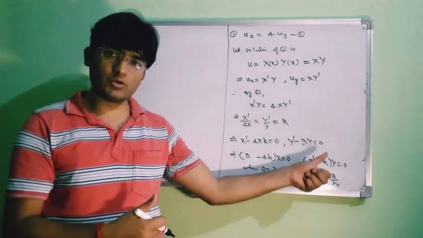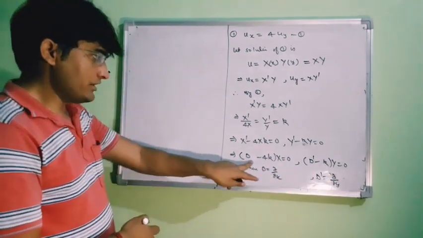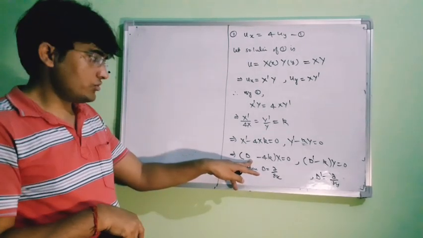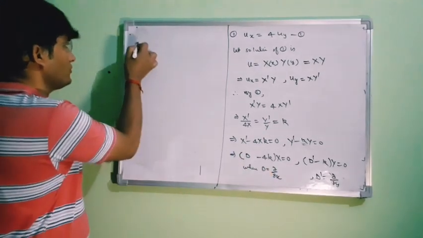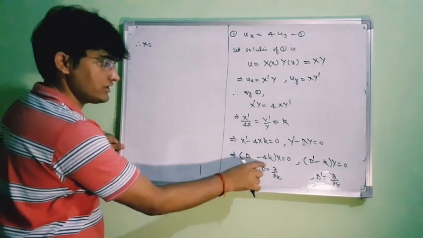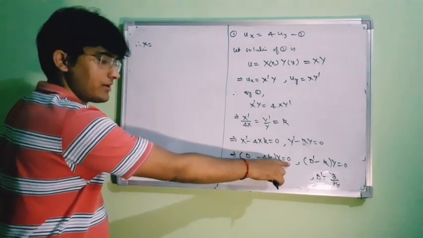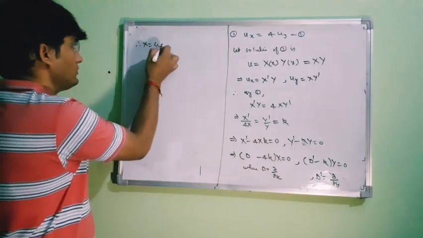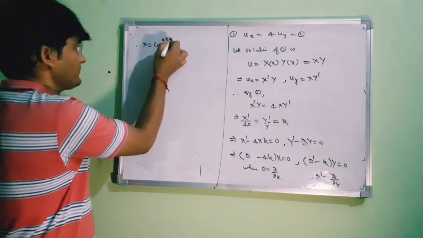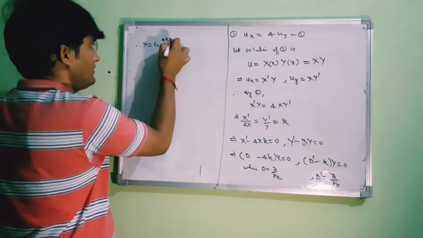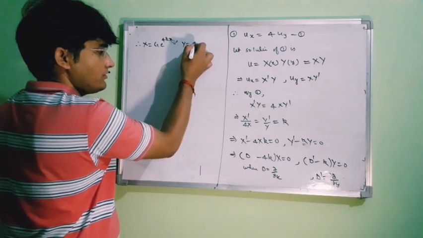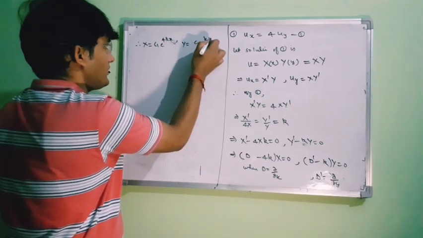From here we will have m equal to k. So the complementary function will be c1 e to the power 4kx. That means here your CF is the final solution, because in the right hand side we have 0. So your X will be c1 e to the power 4kx, small x, and then your Y will be c2 e to the power ky.